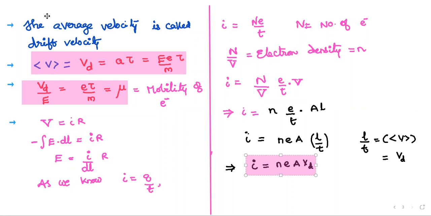Now you see that for Vd you already have the equation E by m into tau. Now you can substitute here to get the current in terms of relaxation time. So that implies the relation I = nEA, where Vd is E by m into tau.